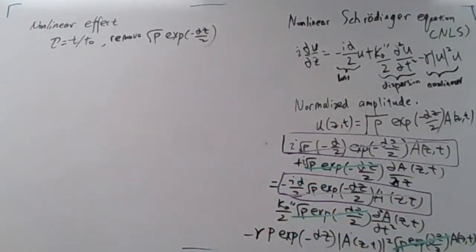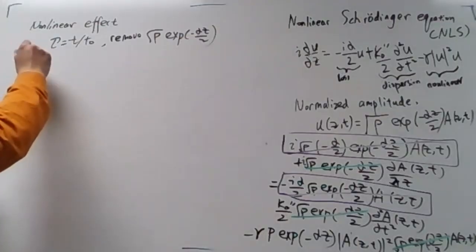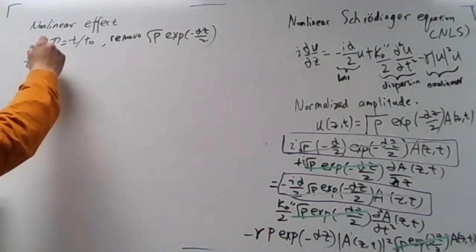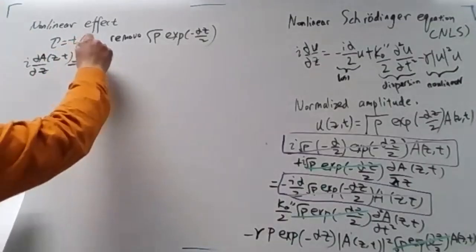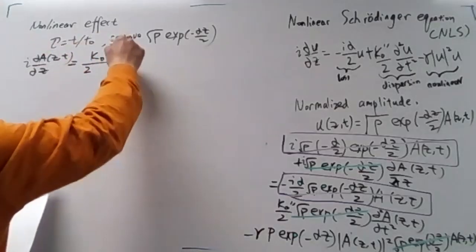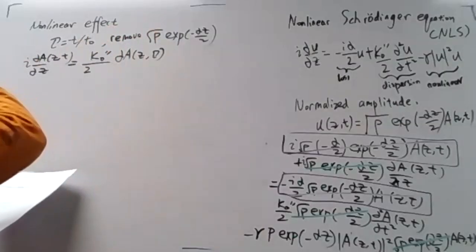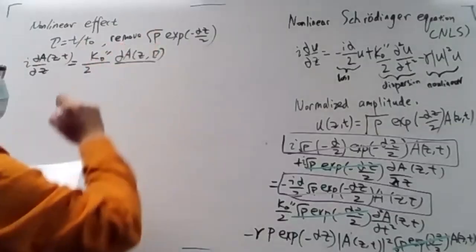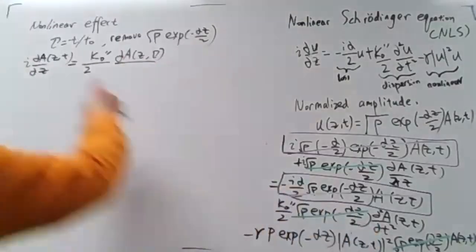We are left with I partial A partial Z equals k naught double prime over 2 partial A ZT, but now we make it into a tau. What is t?